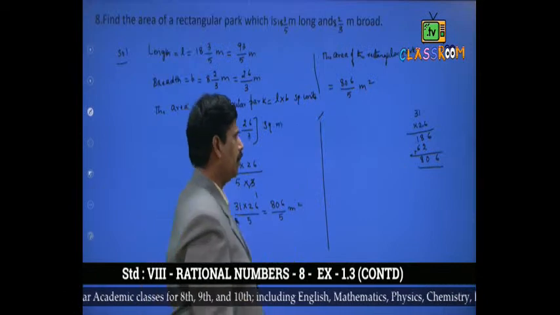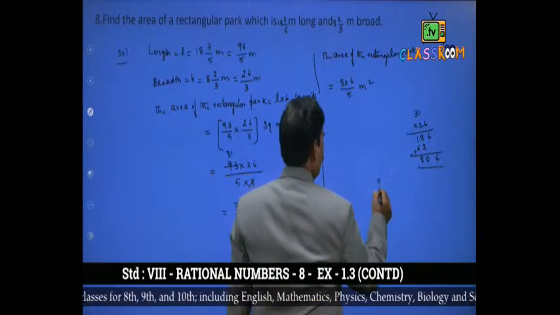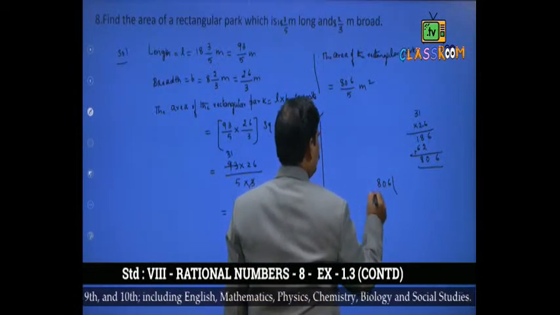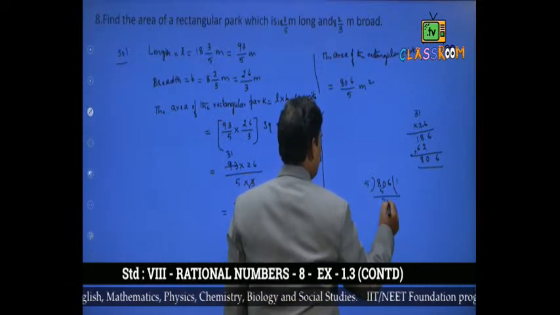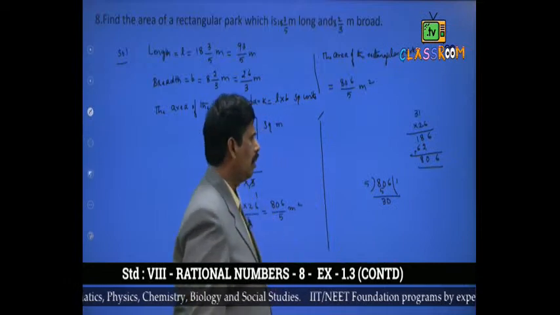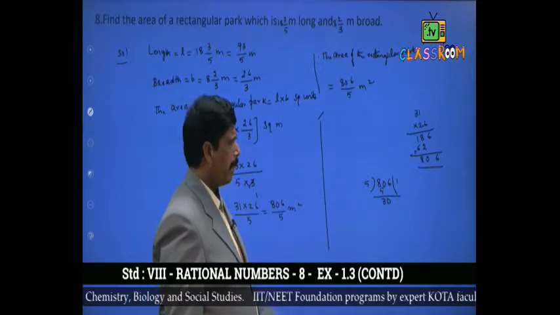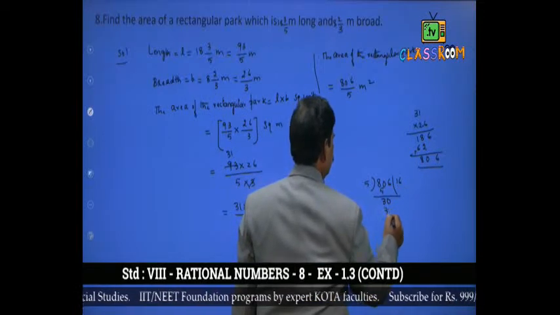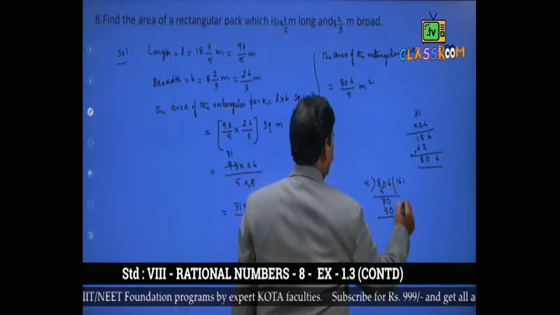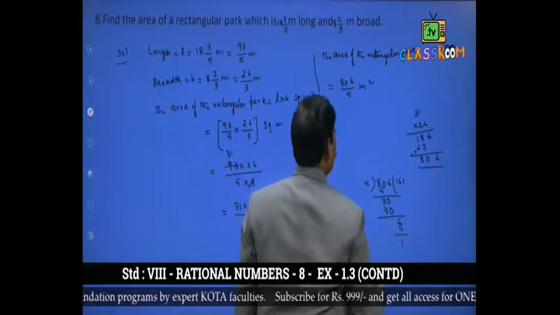Now do the division. 806, you divide by 5. 5 ones are 5, 3, 0. 5 6s are 30. 6 left here. 5 ones are 5. 1 left here.